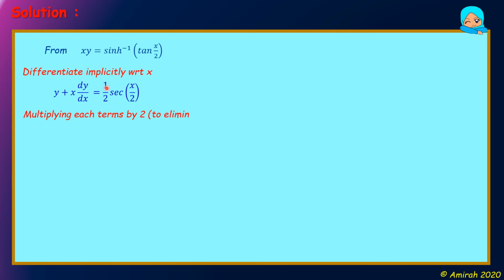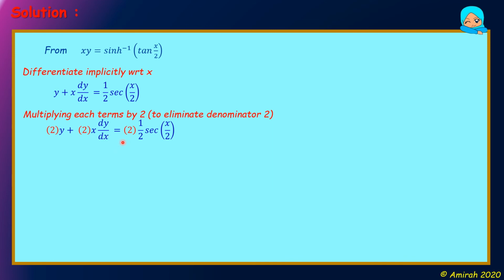Now we have denominator 2 here. To eliminate denominator 2, we can multiply each term by 2. The blue color is from above, and the red color is when we multiply each term by 2.